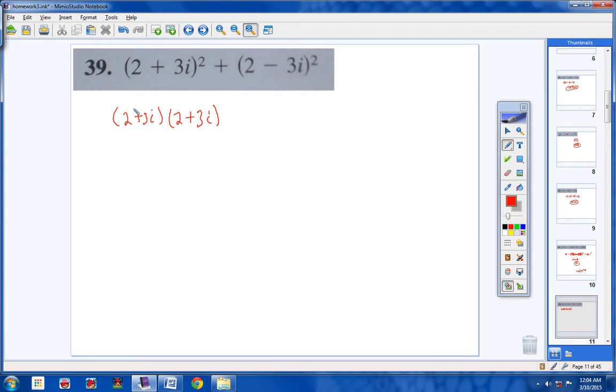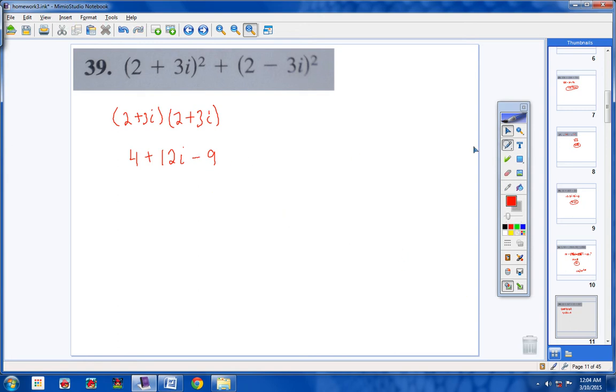So if you take your 2 and multiply it through, take your 3I and multiply it through, you end up with 4 plus 12I plus 9I squared. Okay, of course I squared is a negative 1, and a positive 9 times a negative 1 is a negative 9.